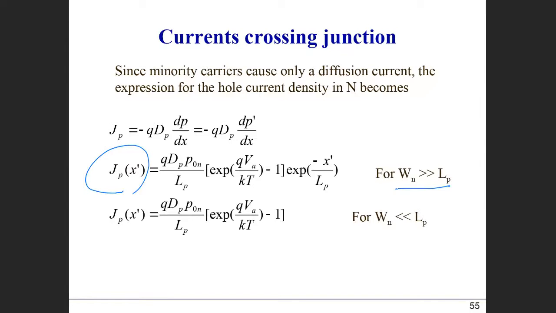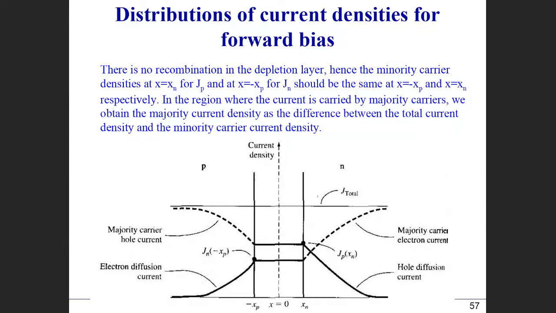In this special case, when you plot this one, it changes more abruptly in here. Anyway, that represents this xp. Now, in a similar way, if you look at the electron current in the p side, you have an initial value, and then the exponential decaying like this.